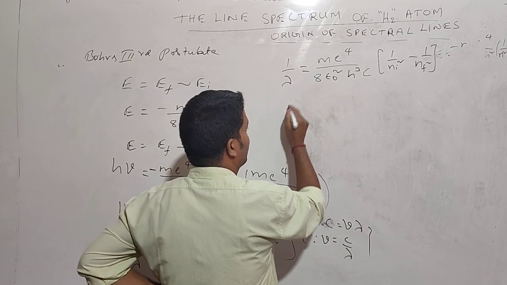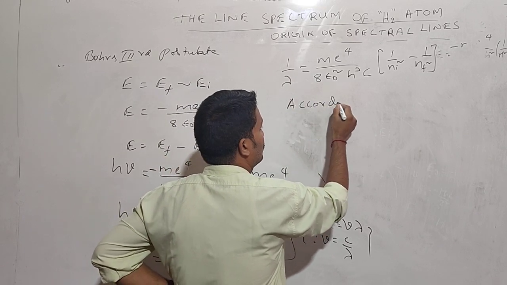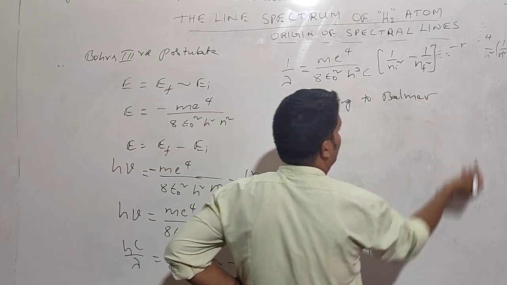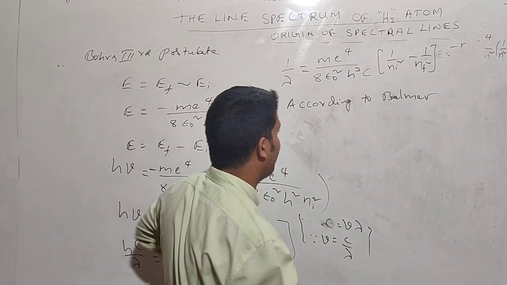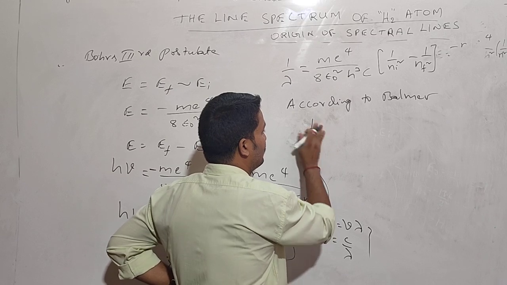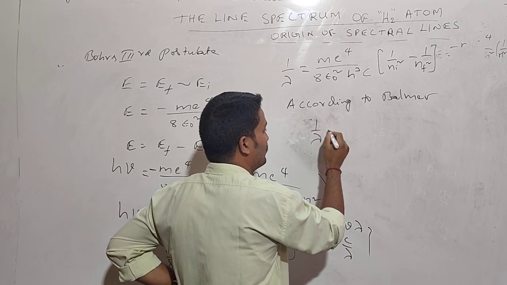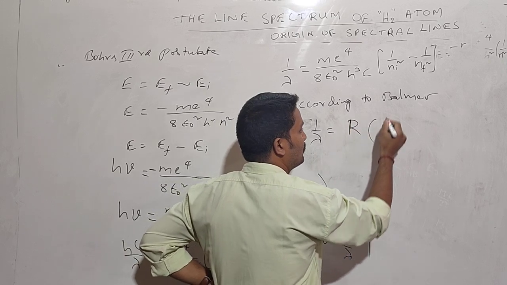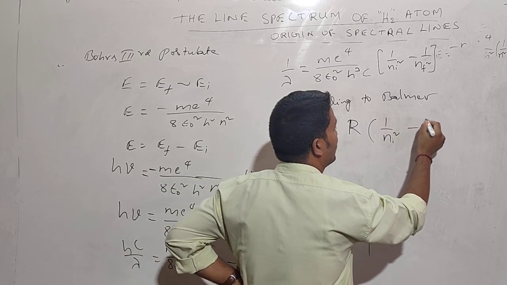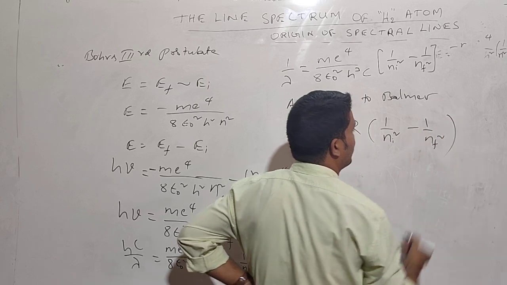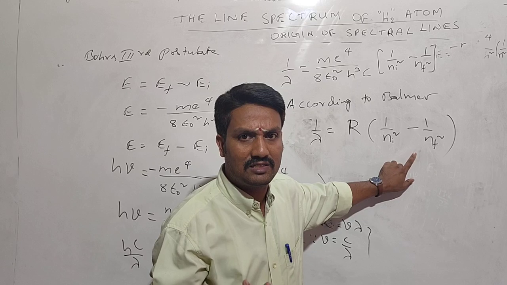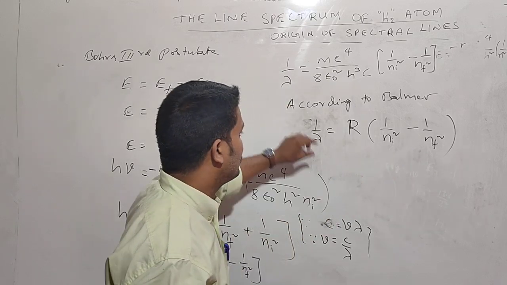So according to Balmer, what empirical formula has John Jacob Balmer given? 1/λ is equal to R into 1/Ni² minus 1/Nf², otherwise 1/N1² minus 1/N2², that is also known as Balmer here.